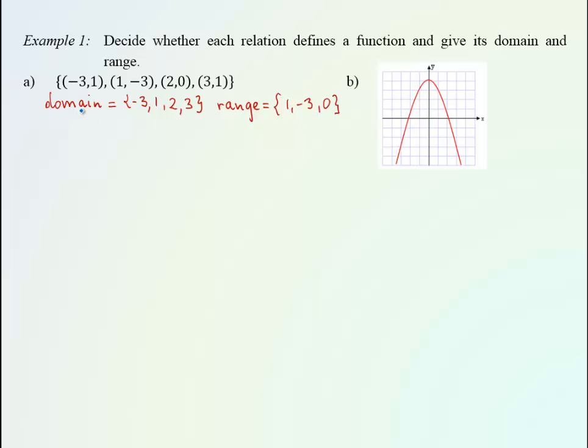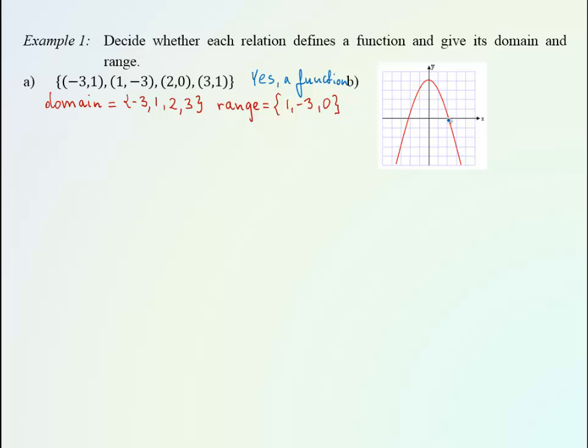So we have listed the domain and range, but is it a function or not? Well, to be a function, for every input I have to have exactly one output attached. Since I don't have 2 pairs with the same input, then yes, it is a function because for every input there is exactly one output attached.